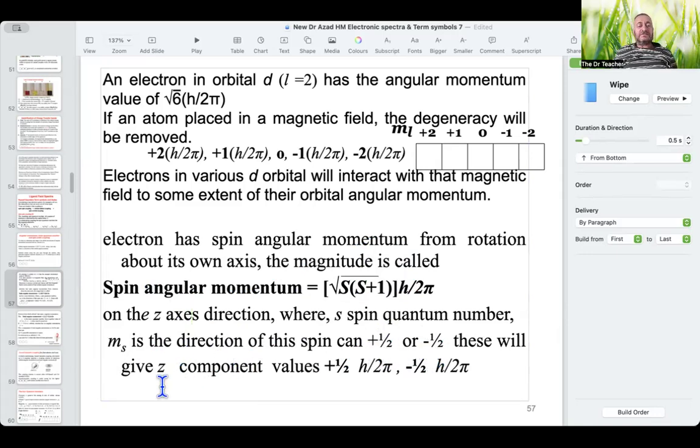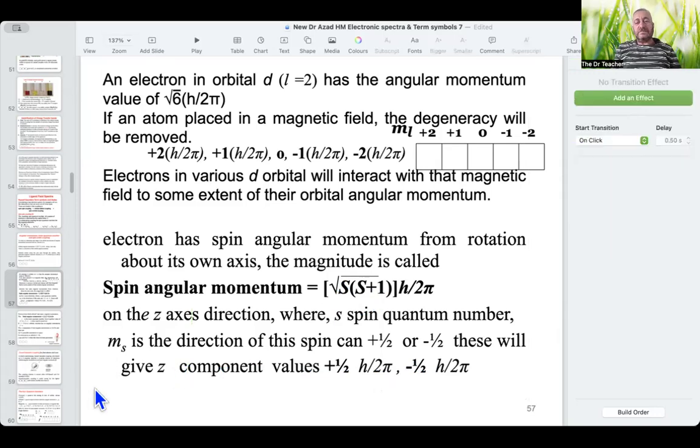These will give Z component values of plus half, minus half. Okay. So if you put half here, half times half plus 1 will be 1.5 times half, and then you can see the values coming from the S spin angular momentum.